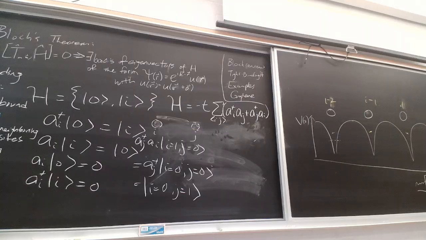Where would our model break down? Where do we expect to see something very different from this model? Yes, at the edge of your crystal, correct. So this is another thing.